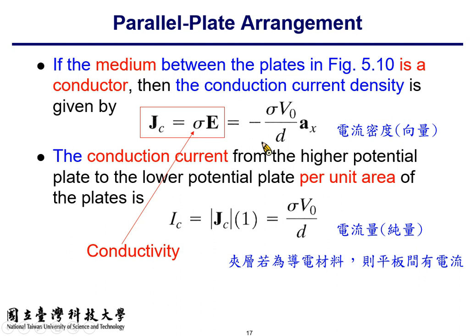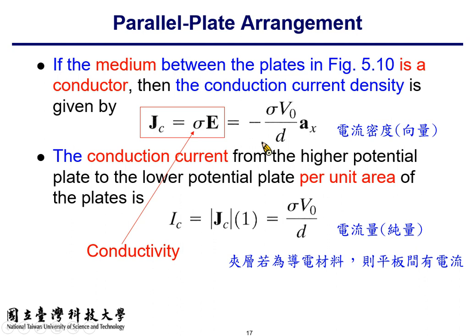It's proportional to the conductivity of the material in between and inversely proportional to the spacing D. So the smaller the spacing D is, the larger the conductance is, and the larger the current if you apply a voltage.